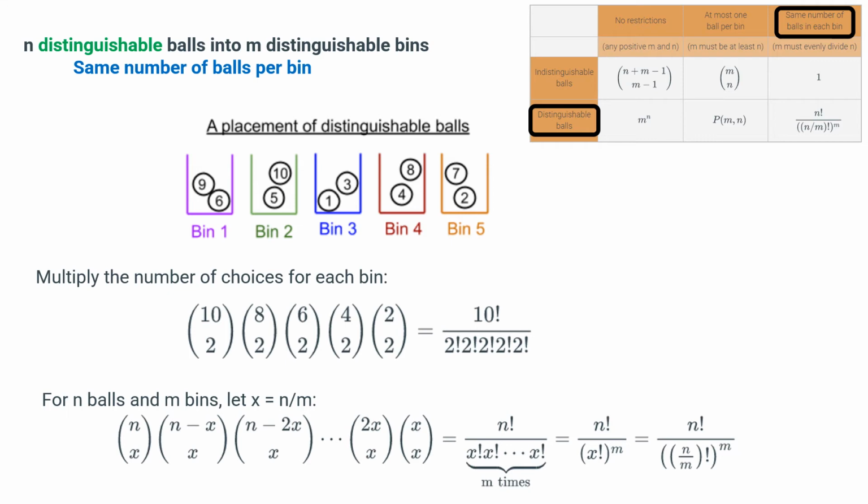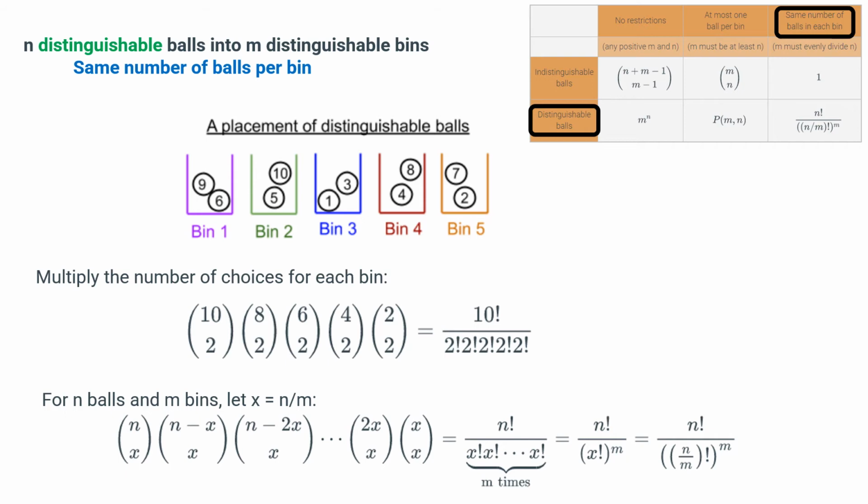We did have the n factorial on the top, and then the 2 factorial was n divided by m, how many in a bin, factorial, and we multiplied that together as many times as we have bins, so it would be taken to the mth power.